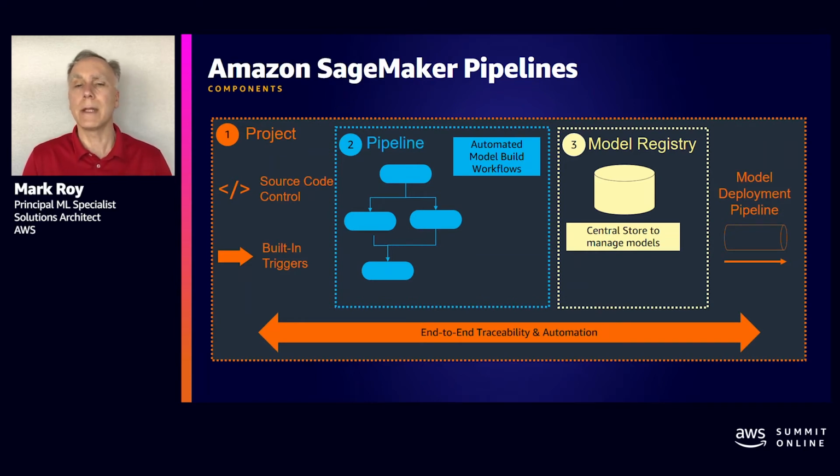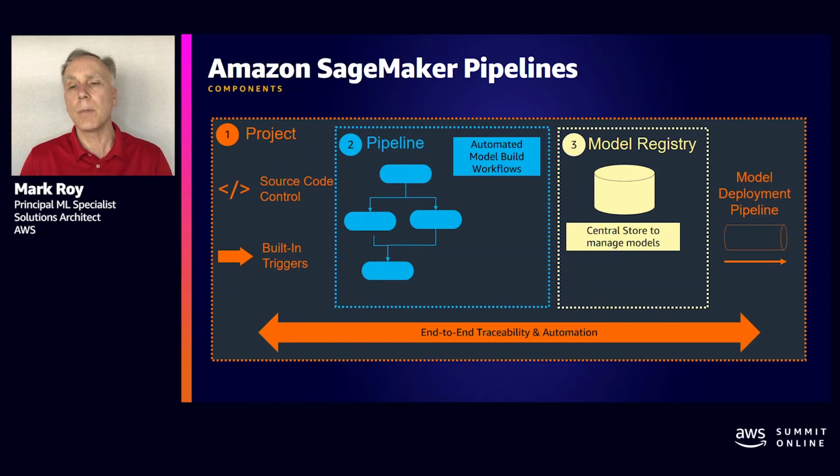the second component, and that is the pipeline itself. This is where we're dealing with automated model build workflows for training models across steps with conditional steps as well, and the ability to have multiple executions of those all fully managed on your behalf.